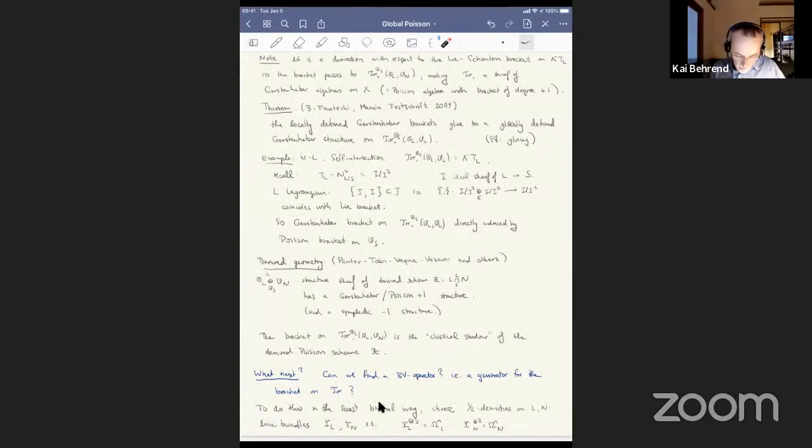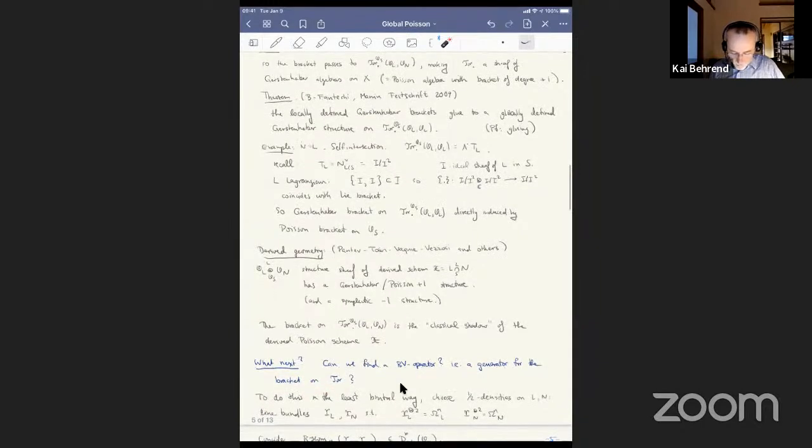The question that occurs is, can we find a BV operator matching this Gerstenhaber bracket? One way to think of it is as a generator for the bracket on these Tor sheaves. To do this, we need some orientation type stuff.